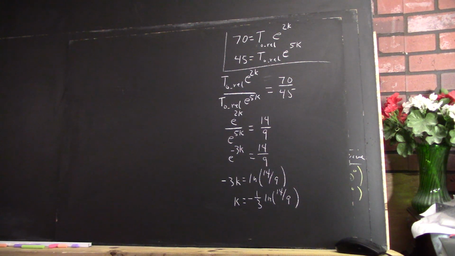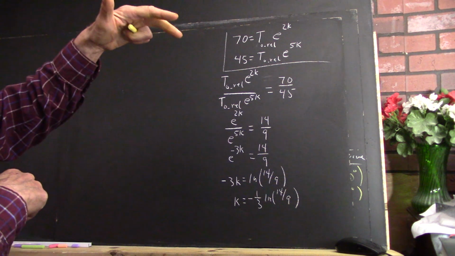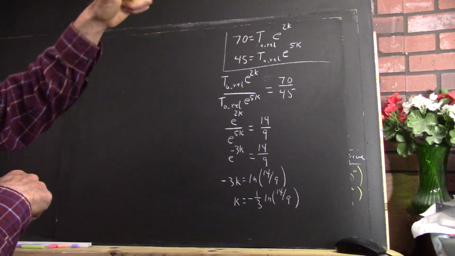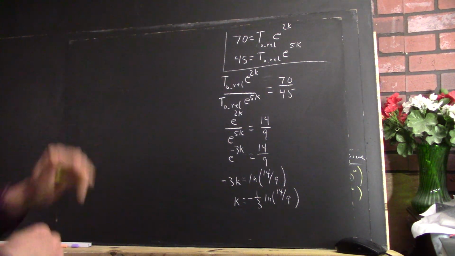Now, natural log of 14/9 is about 1.55, so let's just say about 1.6. And I'm going to try to make an estimate here. If that's 2, natural log is 0.7. Visualizing the curve, there's 1, there's 0.7. We've got to come back to there.